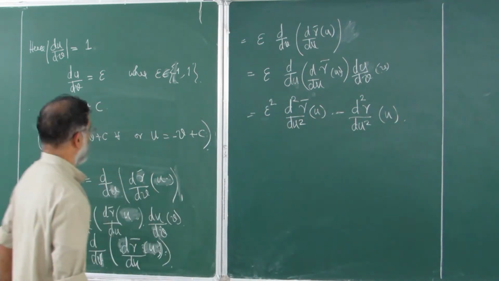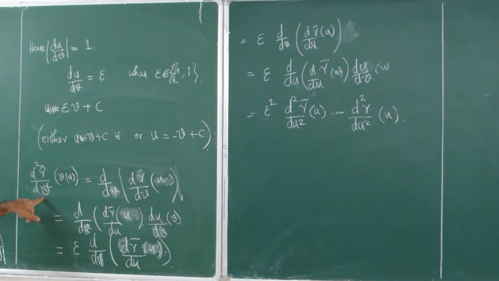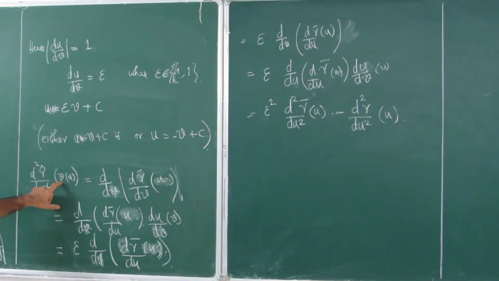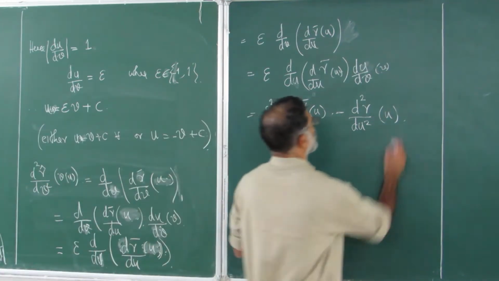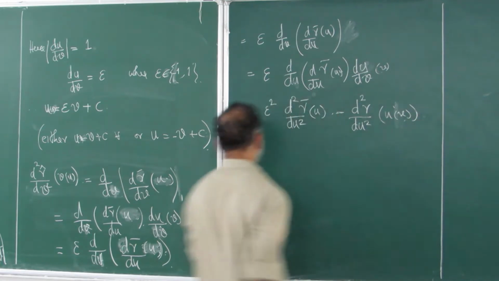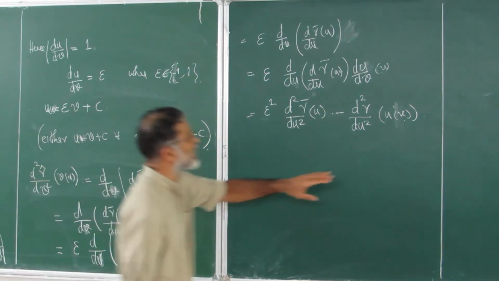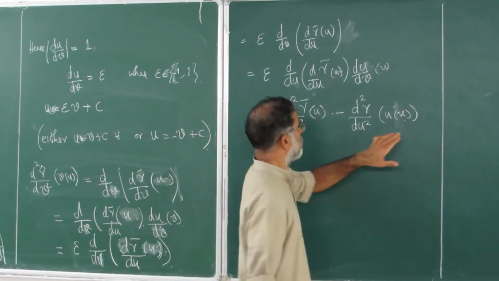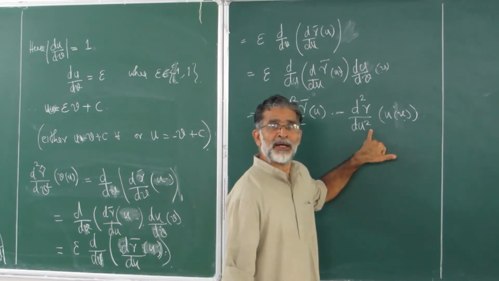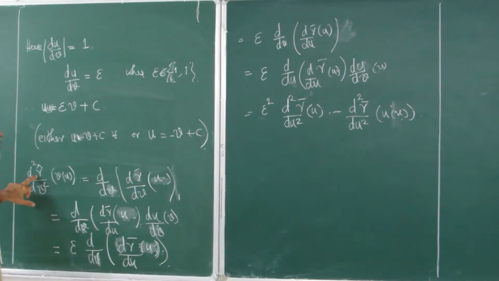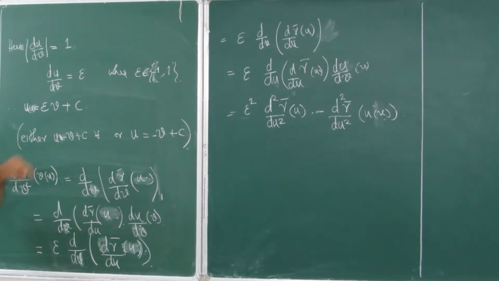So d square gamma cap at v and u is the same as d square gamma bar at u. So the two are actually the same, the respective points, the second derivatives are the same.